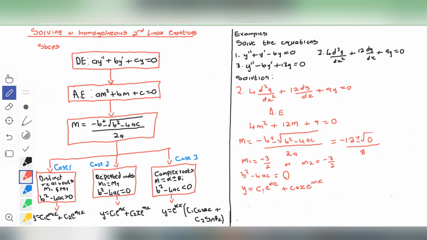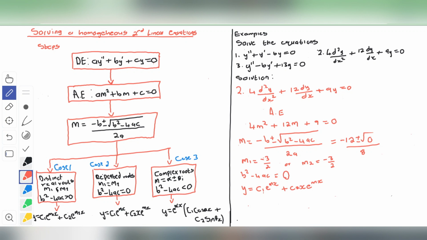This is the formula for case 2. Whenever we're talking about repeated roots, meaning the two values are equal. So m1 and m2, we can see that they are both equal.